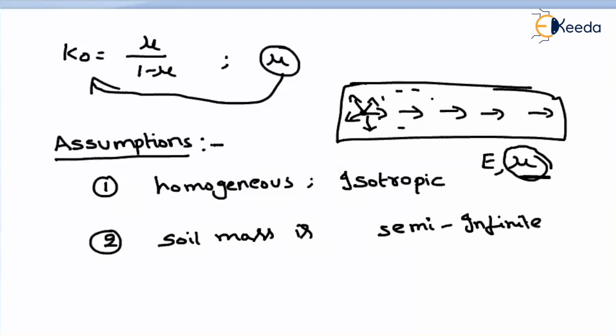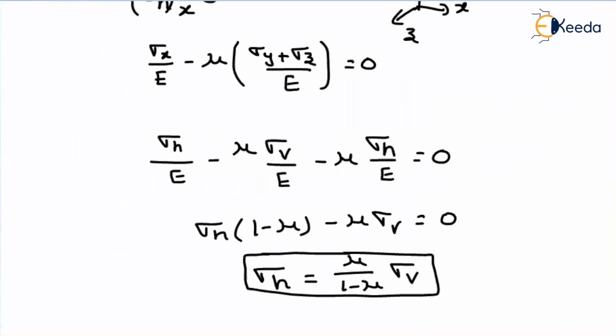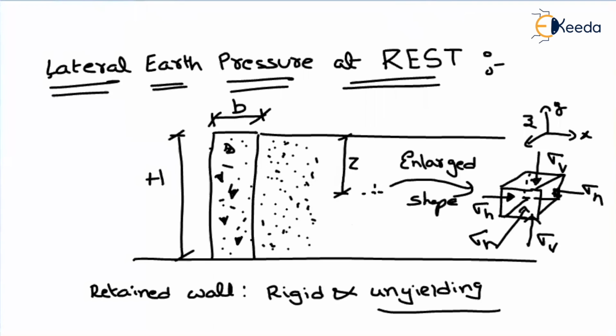That means, let us go to the previous diagram. So here in this slide, see what is meant by semi-infinite. Here I have drawn the diagram in 2D, right? But in reality, this retaining wall also has some length. That length is limited to some specified limit, right?